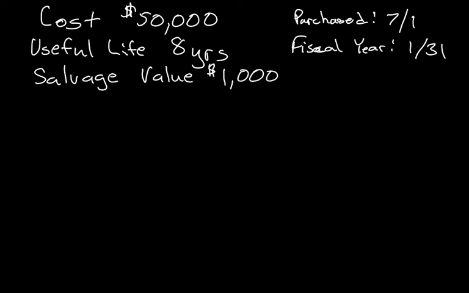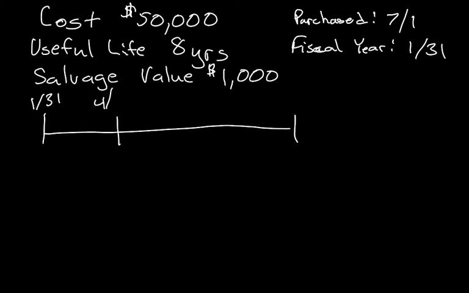So that means, how their year works, if you were to break their year up quarterly, you would have January 31st, then you would have April 31st, then you would have July 31st, and then you'd have October 31st.